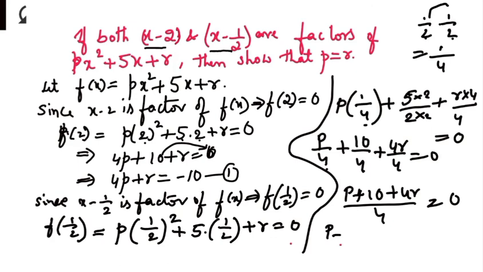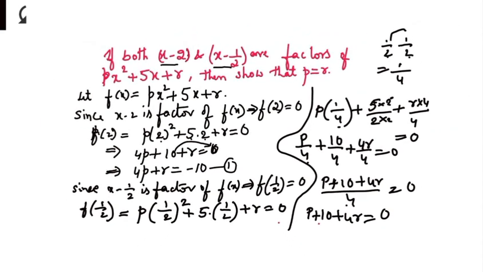Then p plus 10 plus 4r is equal to 0 into 4, which is 0. So make this an equation: p plus 4r is equal to plus 10 becomes minus 10. Let it be equation 2.